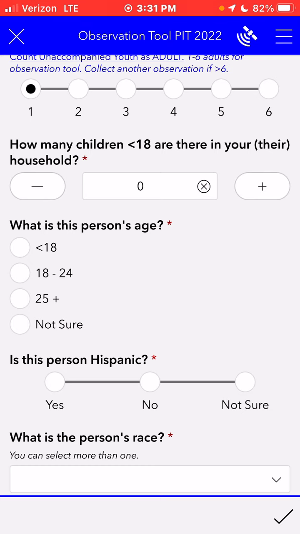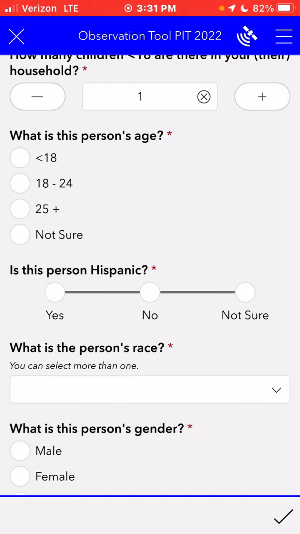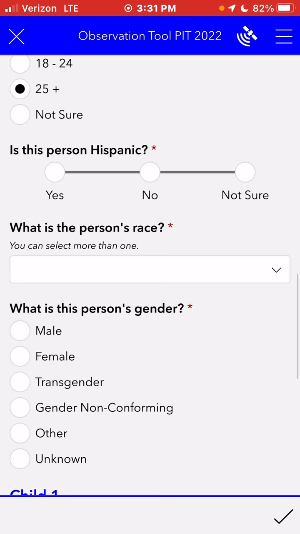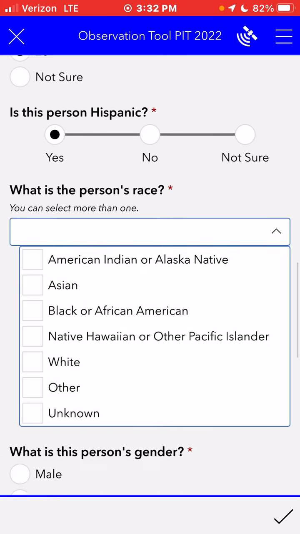How many children under 18 are there in their household? What is this person's age? Under 18, 18 to 24, or 25 or older, or not sure? Is this person Hispanic? Yes, no, not sure. What is the person's race? And you can select more than one.